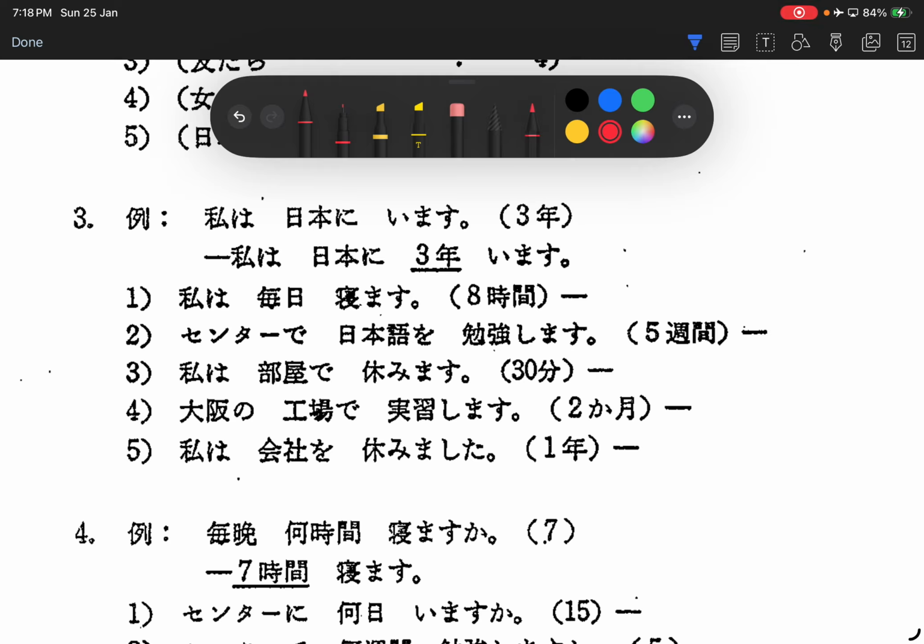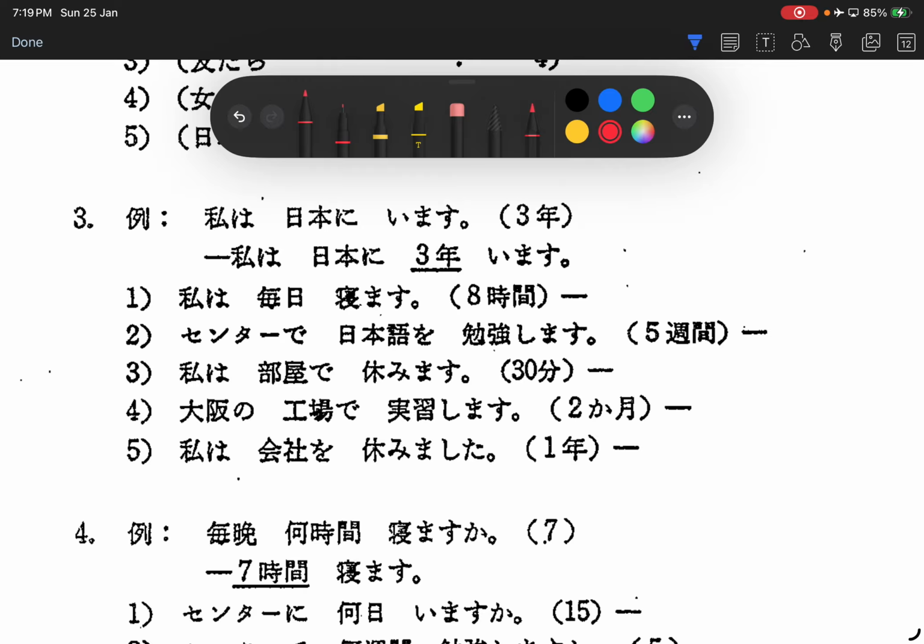Okay? 8時間寝ます。Number 2. センターで日本語を勉強します。5週間。日本語を5週間勉強します。Okay? Thank you. It's okay. I just wanted to tell you that the particle is still like that.